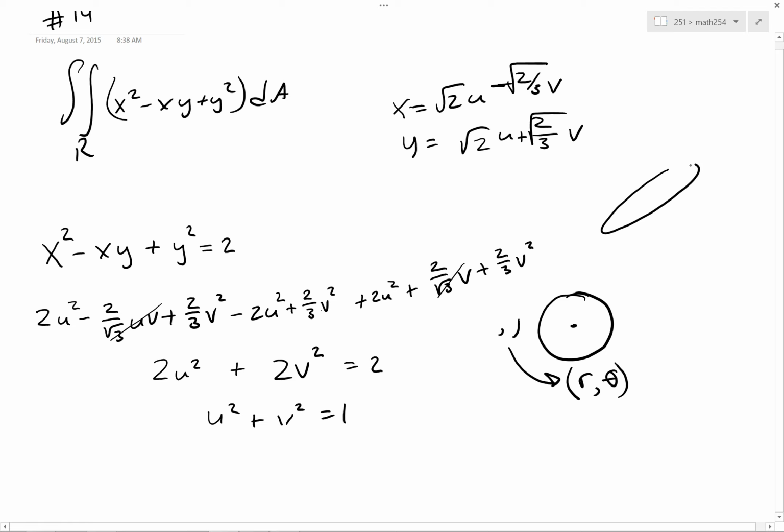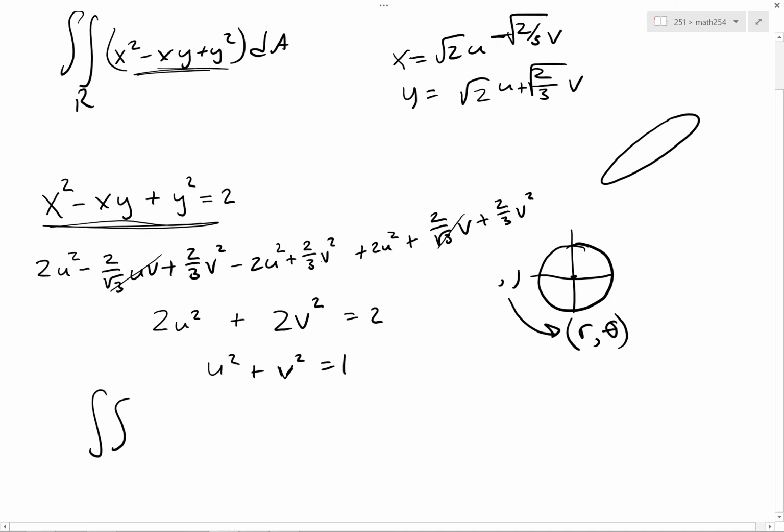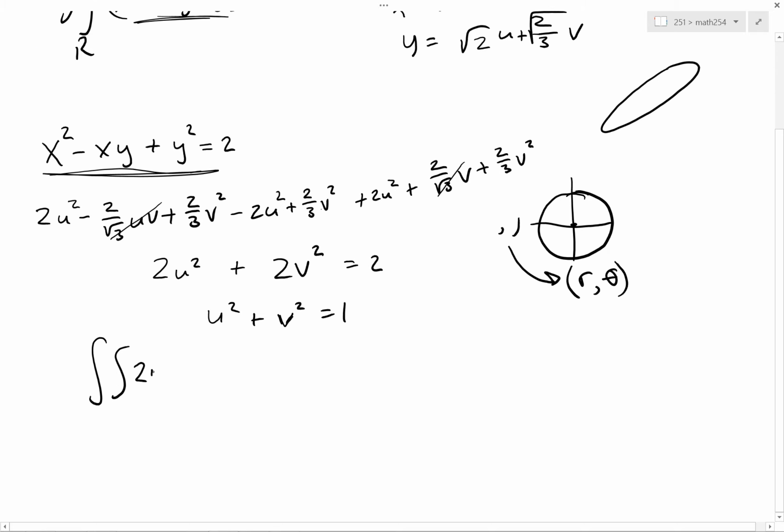So we took this nasty thing up here in the xy plane and made it just this cute little u squared plus v squared equals 1. Awesome. Now, fabulous news. This thing right here is the same as that thing right there. So my integral becomes the integral of 2u squared plus 2v squared.